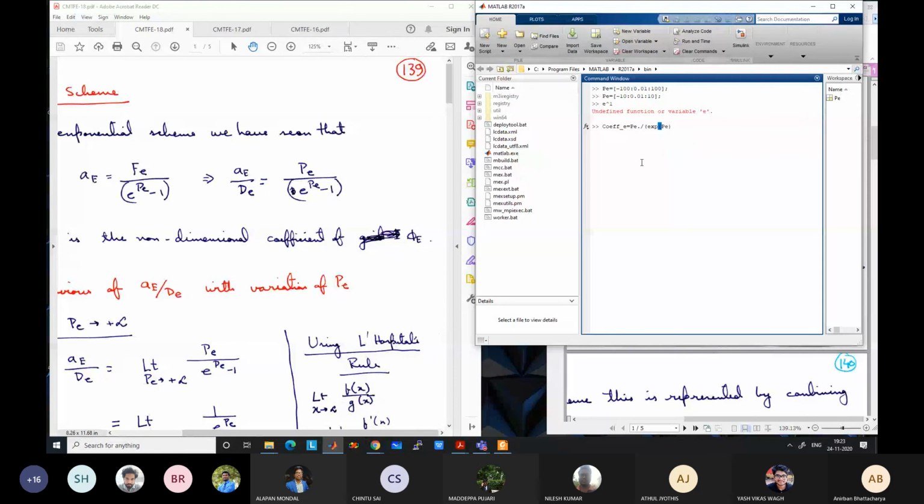Where should be the dot here? Can anyone tell? Term by term calculation. So after PE, right? Directly calculates, I think, for each term exponentials.